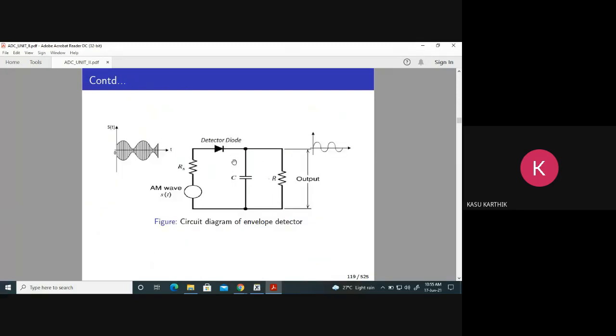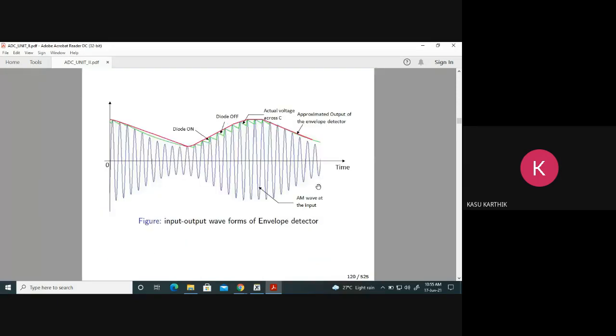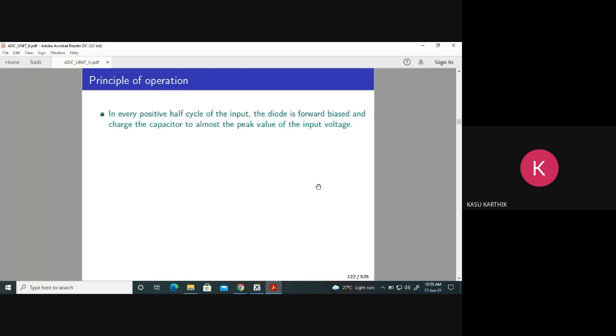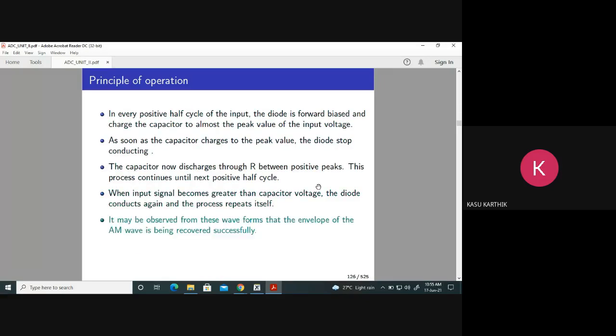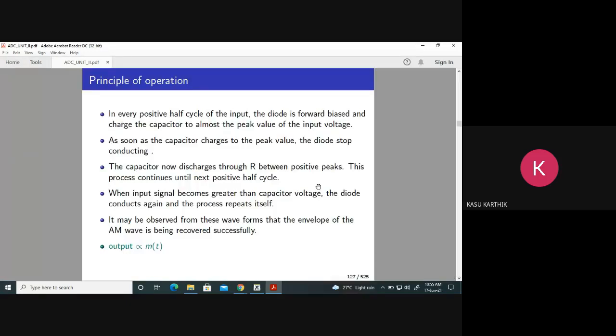So this is a simple circuit. I explained everything in the last class, the principle of operation. What exactly happens is just charging and discharging. So that gives you the output. Here tau equal to RC is the discharging time constant, which should be moderate. It should be neither too large nor too small. I told you the reason also.